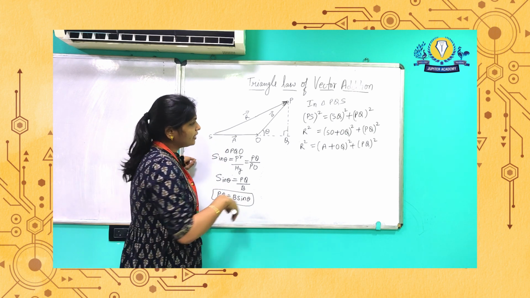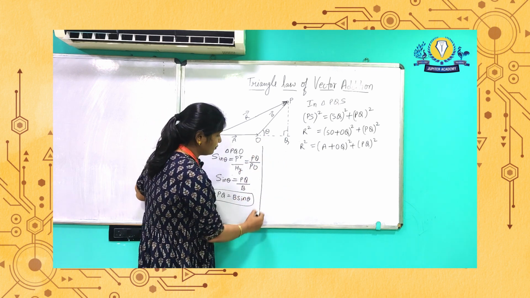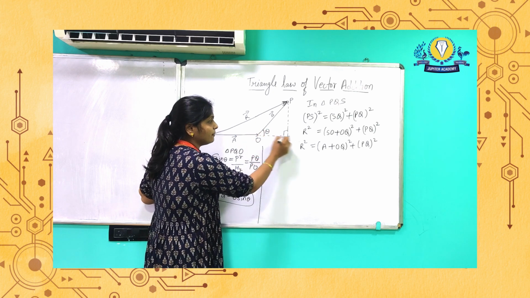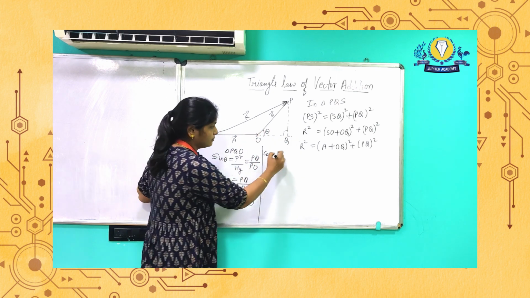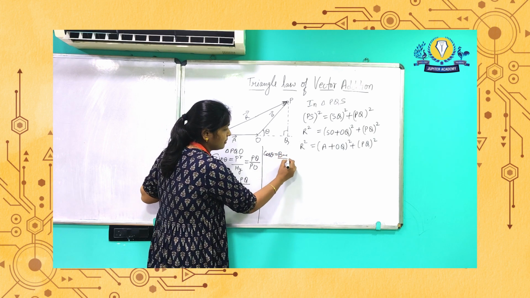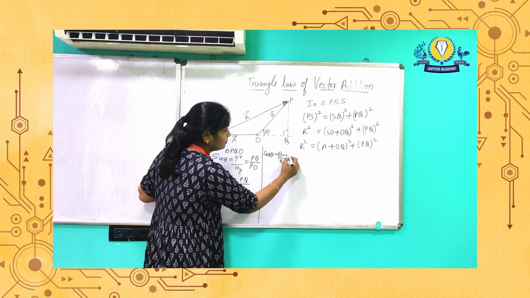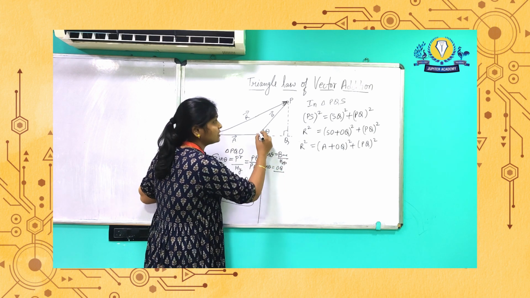Okay, now for OQ. Now we have to find out OQ. Now the angle is touching OQ, so I will use here cos theta. What is cos theta? Base by hypotenuse. What is base? Base is OQ. And what is hypotenuse?